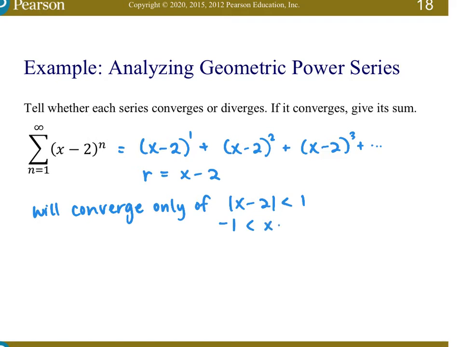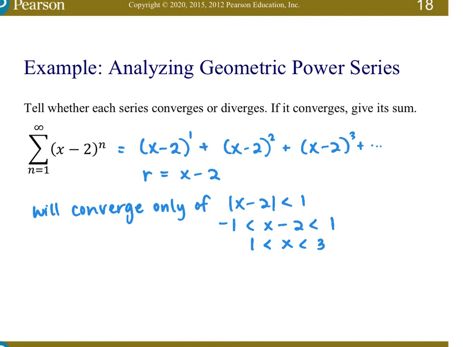In other words, x minus 2 stays between 1 and negative 1, so x has to stay between 3 and 1. That is the interval of convergence. If the values of x stay between 1 and 3, then this power series will converge.